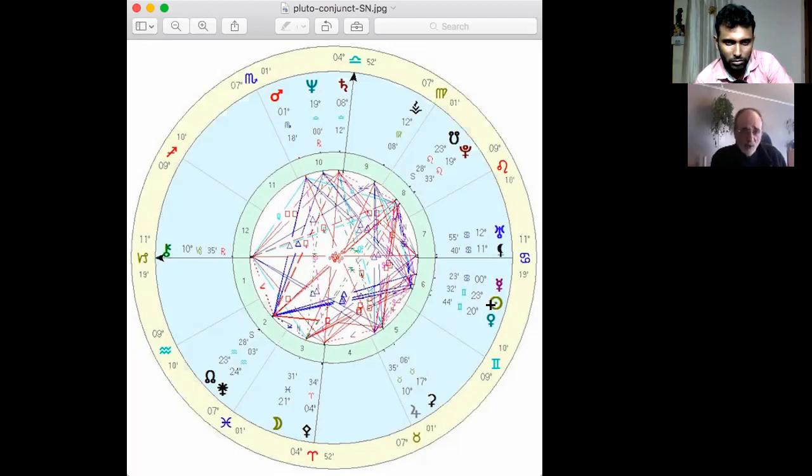But definitely, an important piece here is that the Sun is the ruler of the South Node. That gives a lot of weight to the Sun that you were pointing out. Yeah, it's a very good reception there.